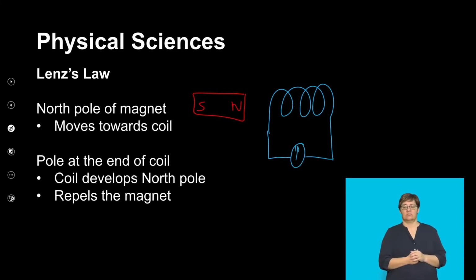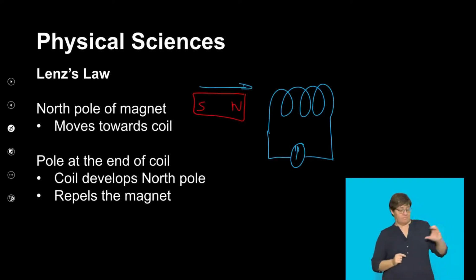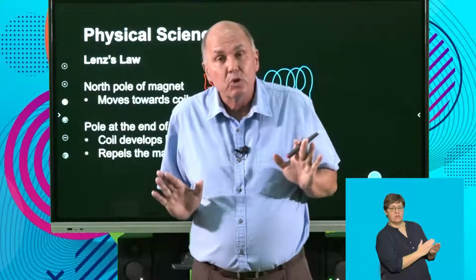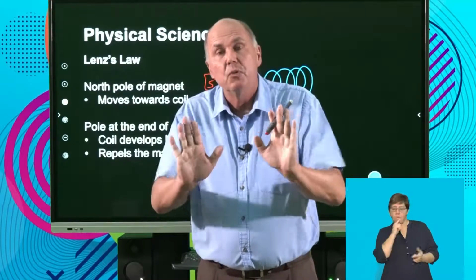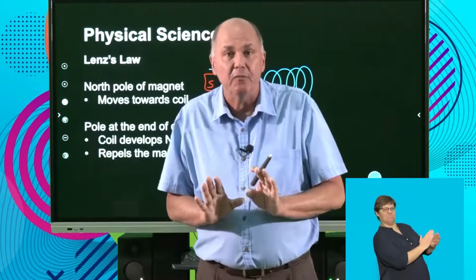And I'm going to use a force to push the magnet towards the coil, north pole first. And so what Lenz's law says is if you push a north pole towards the coil, it will try and repel that motion. It will try and exert a force to prevent there being a change of magnetic flux.